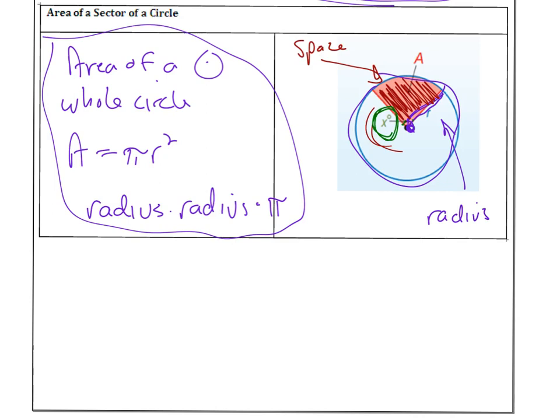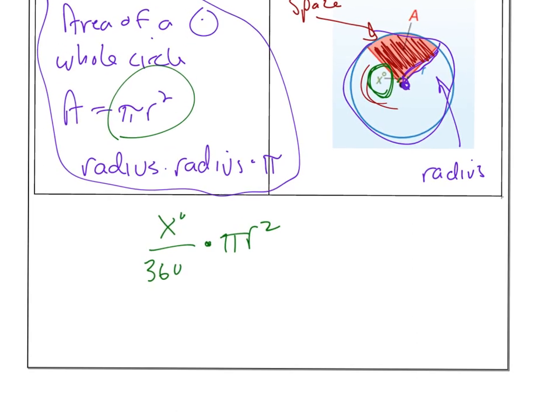So what I'm going to do is take x degrees out of a whole circle, which is 360 degrees, and I'm going to multiply that times the area of my circle. Now let me explain what I did there and why that works.